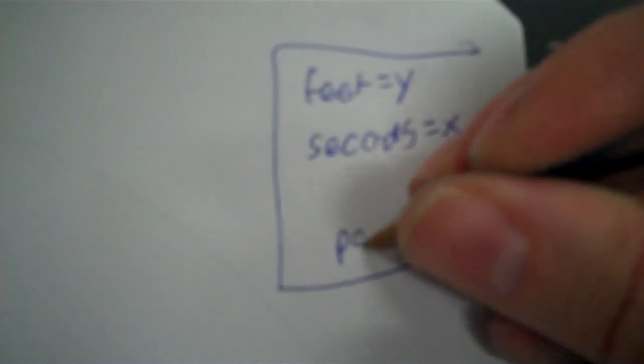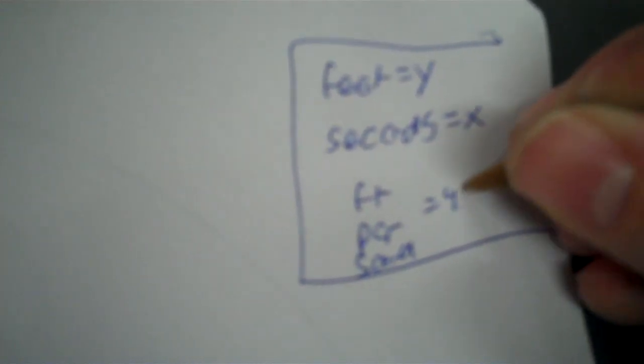So if you are not finding the maximum, I would suggest you make a side box with feet and seconds as your units. Now define your variables. We already know that x is the seconds, y is the feet. Then per feet per second is going to be 40, at least the initial amount. Now don't make a table because this isn't a linear function, okay?